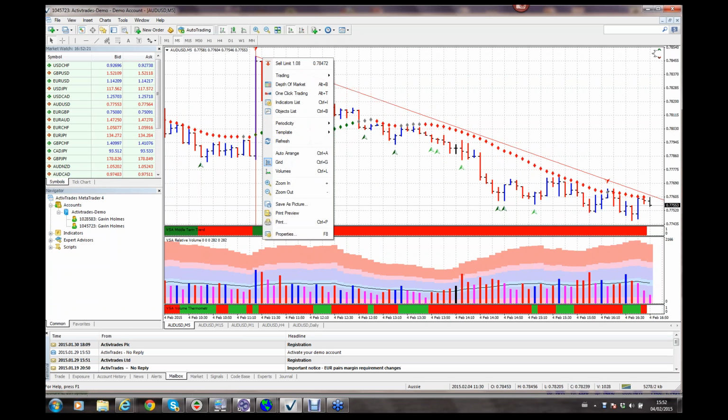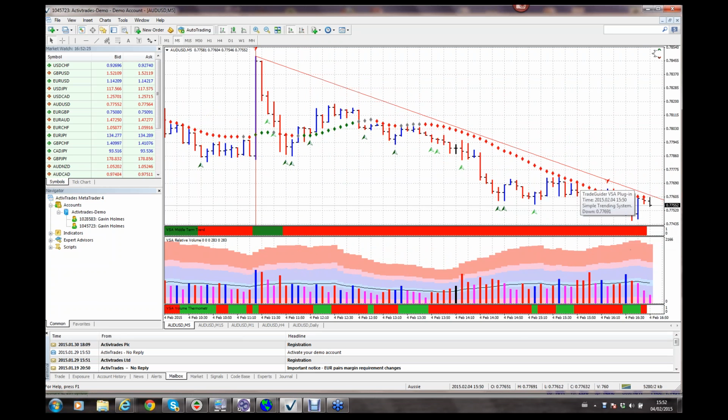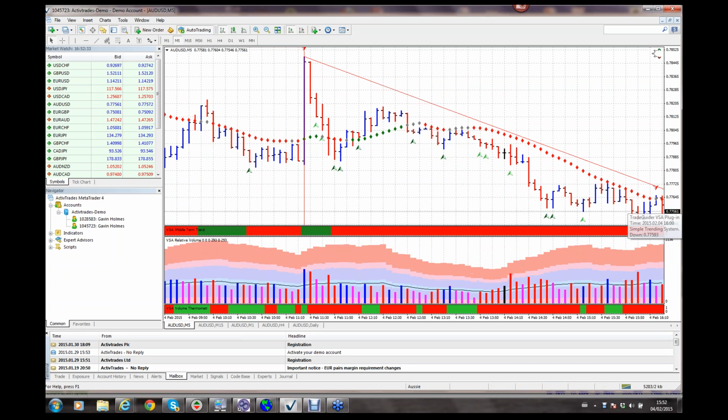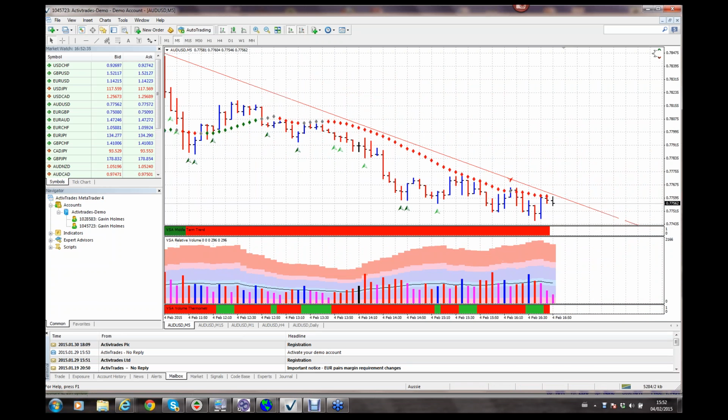Yeah, I'm still practicing with this, so anyway, that's given me an idea of the direction. As you can see, we're still red on both of the trending systems at the moment, so that's a good sign. Okay, so I'll just keep an eye on this now.